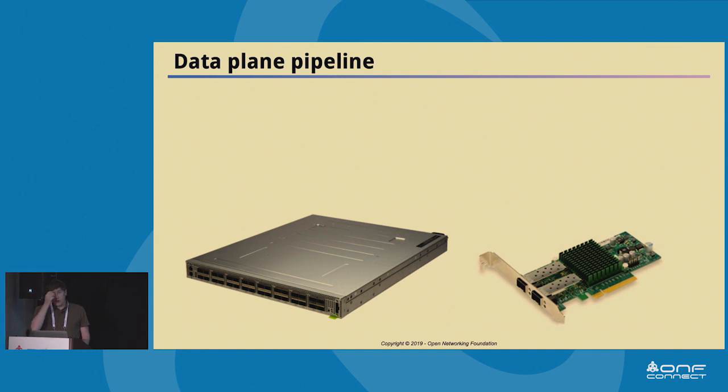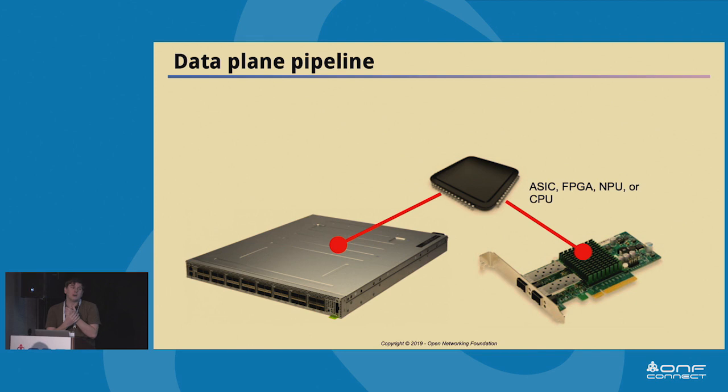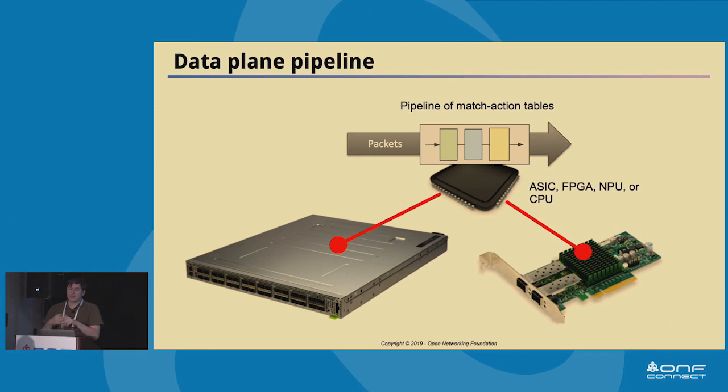Before describing P4, it's useful to clarify terminology. I'll talk a lot about packet processing pipelines, and what I mean by that is the following. If you take one of these two devices, a switch or a network interface card, these devices usually include hardware like silicon, like an ASIC or an FPGA chip or an NPU or even a CPU that is usually designed or abstracted, and programmed in the case of a CPU, to process packets in a pipeline fashion.